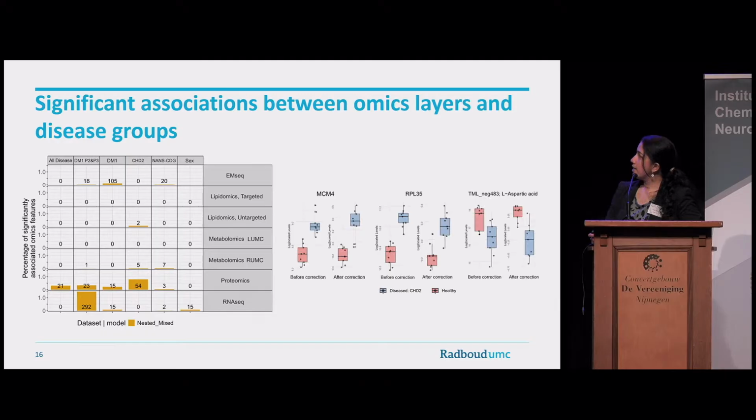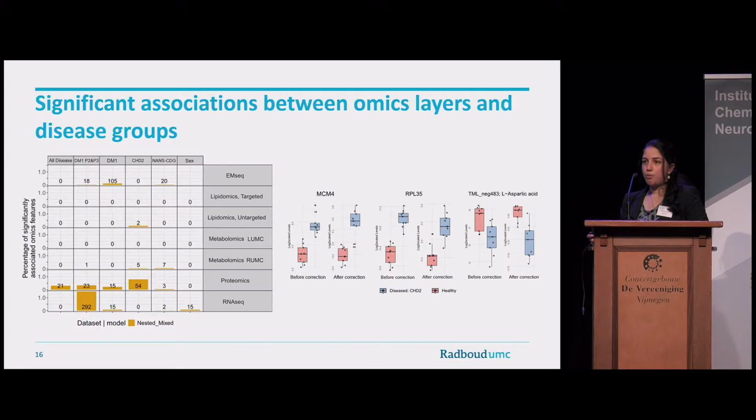After knowing the variability captured by MOFA factors 1 and 2, we wanted to correct for that variability. For that, we regressed out these MOFA factor 1 and 2 scores, and then we performed linear mixed models again on the corrected data.